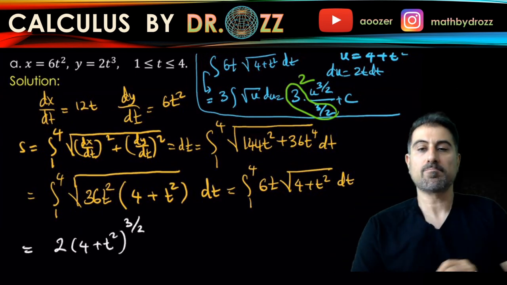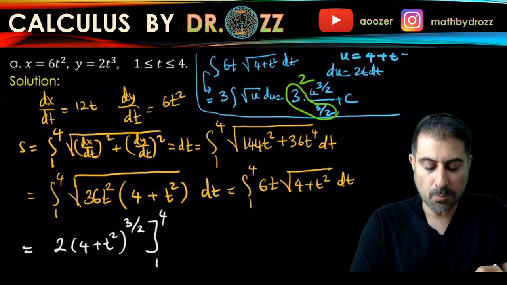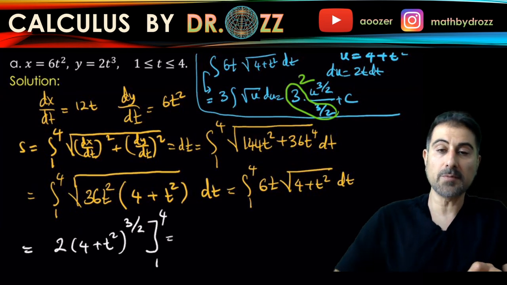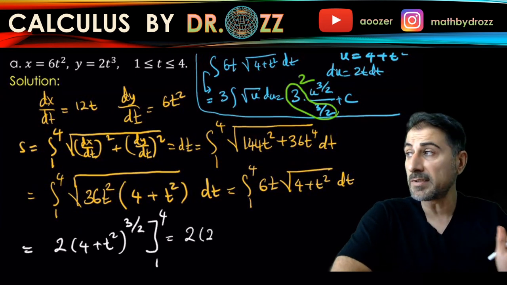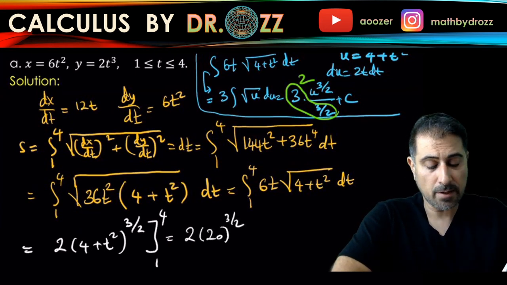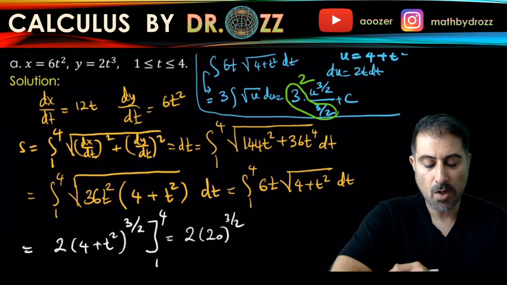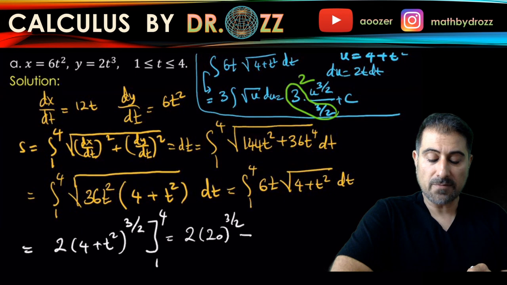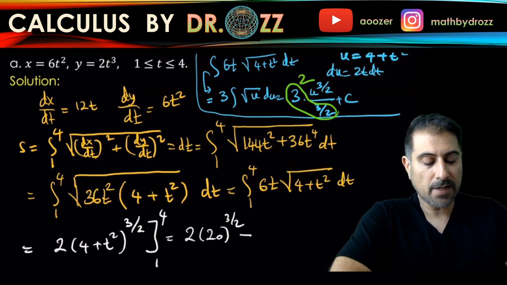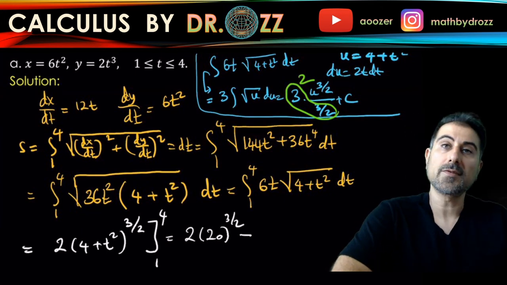If you plug in 4, 4 squared is 16, 16 plus 4 is 20. So 2 times 20 to the power of 3/2. I'm just keeping everything exact at this moment, not relying on a calculator. Plugging in 1, 4 plus 1 squared is 5. So 2 times 5 to the power of 3/2.